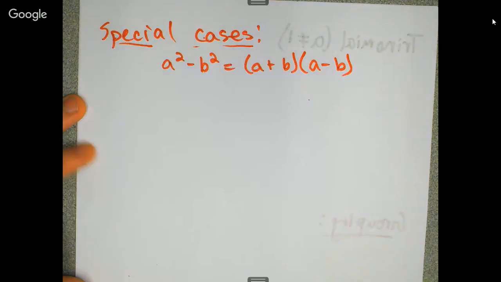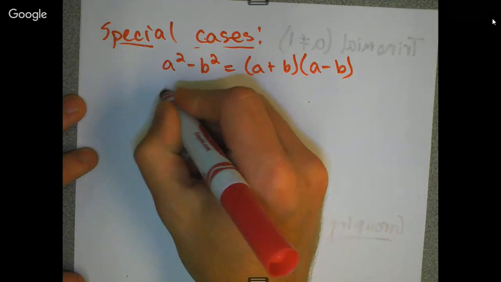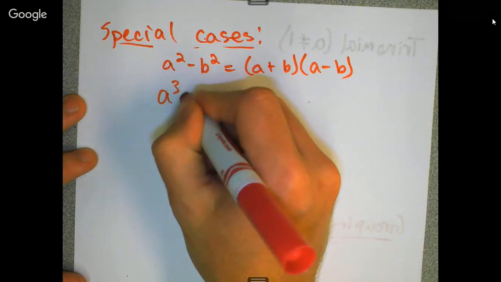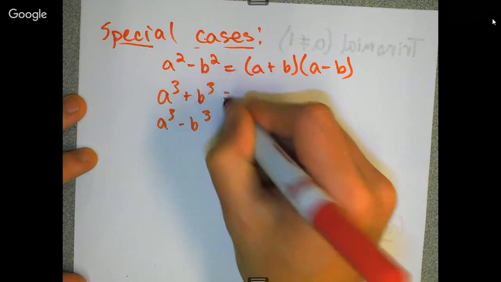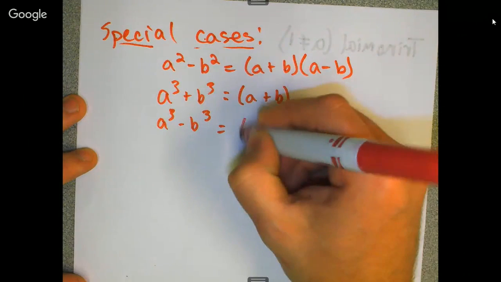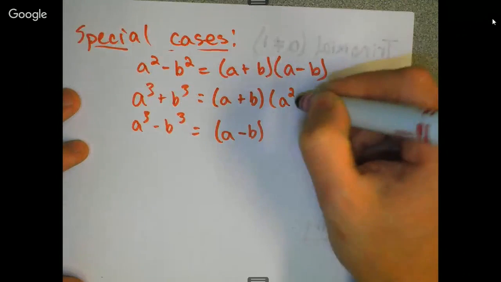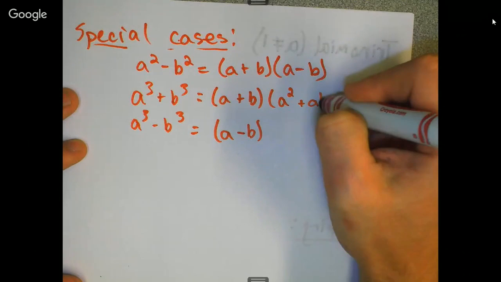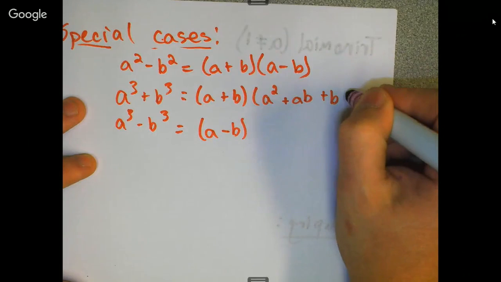Perfect squares I'm not going to worry about. We'll deal with those with A equals 1 and rainbow method. But we have the sum and difference of cubes, and how those factor out. So this is A plus B, this is A minus B, A squared plus AB plus B squared.